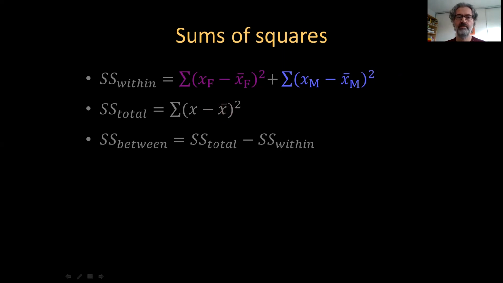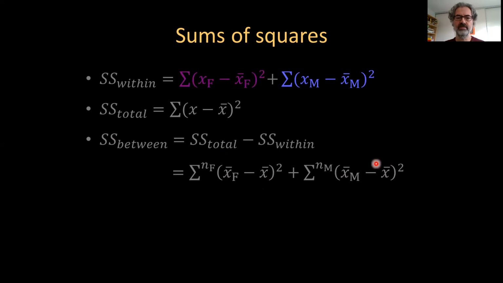And as you may have imagined, the difference between these two, the sum of squares based on the grand mean, minus the sum of squares within, is called sum of squares between the two groups, and is actually calculated by summing the squared distances between the group means and the grand mean, the other group mean, and the grand mean.